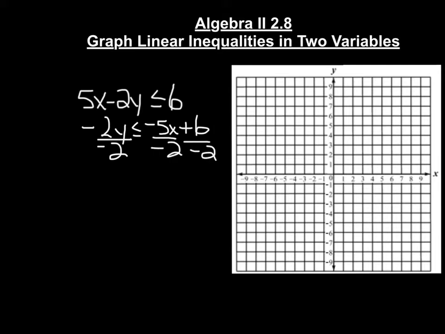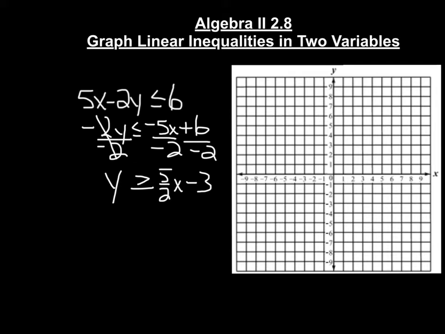And when you divide or multiply by a negative through an inequality, your symbol is going to switch directions. So our 2's are going to cancel out here, and we're going to have y is greater than or equal to a negative over a negative is a positive, 5/2 x, and then a positive over a negative is a negative. 6 divided by 2 is 3.